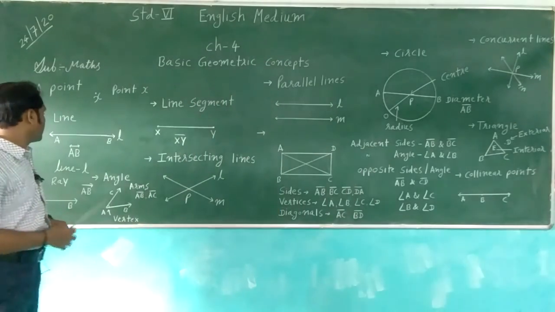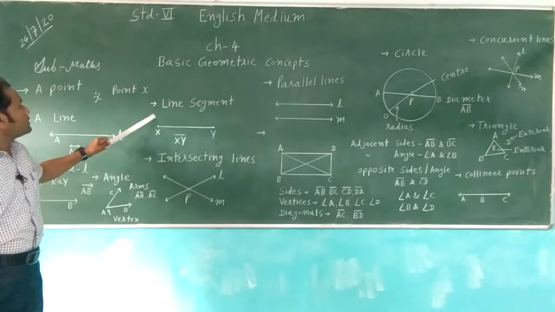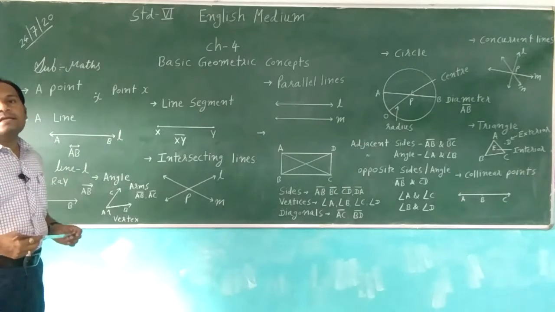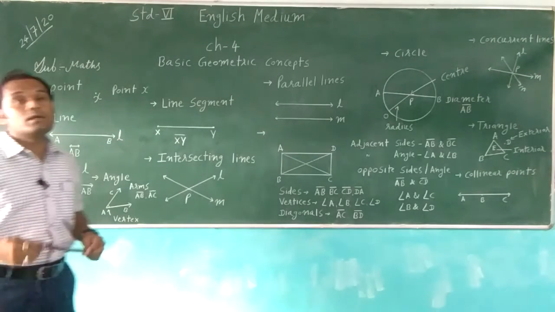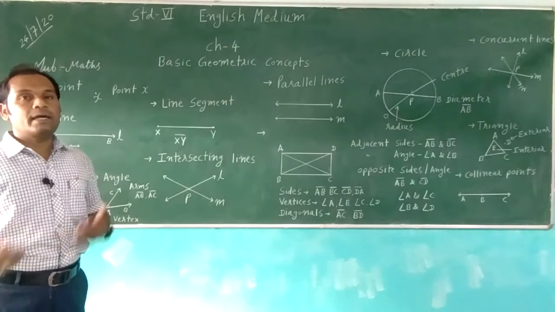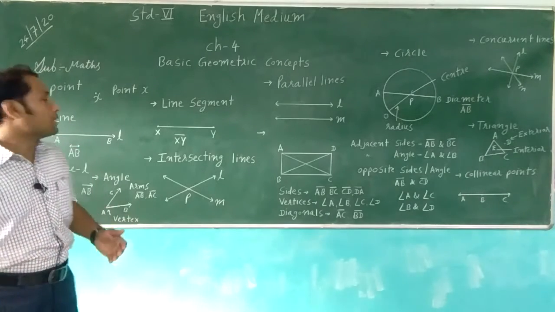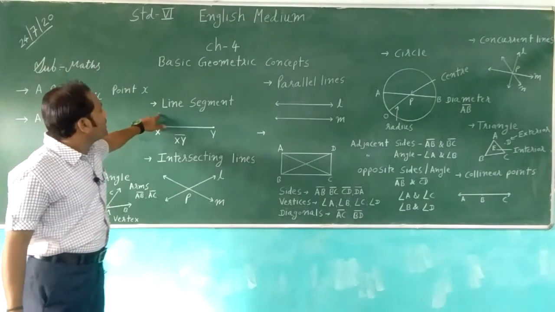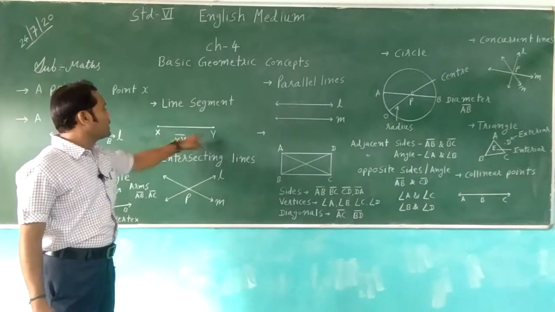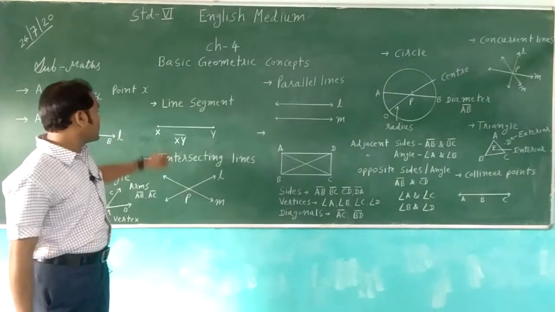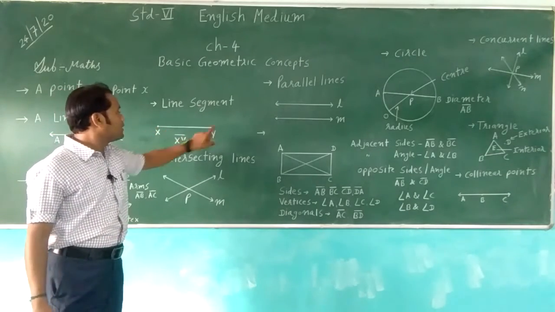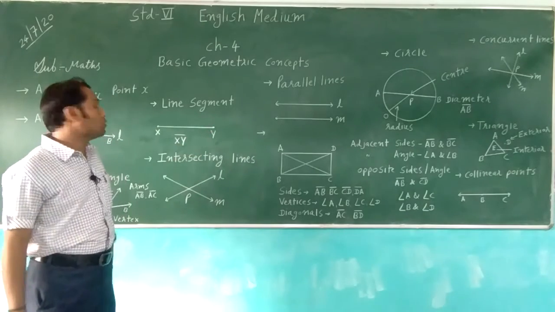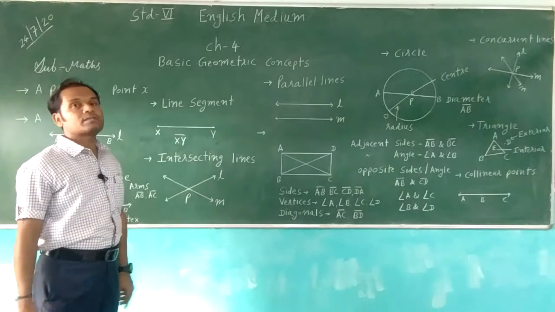Next thing is line segment. A line segment is different from a line. Line and line segment both are different. You can see the line segment. A line segment has two endpoints. Here X and Y are the endpoints of line segment XY.